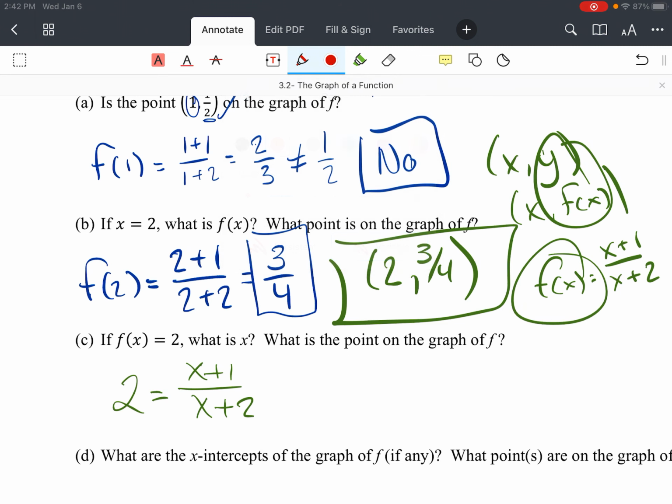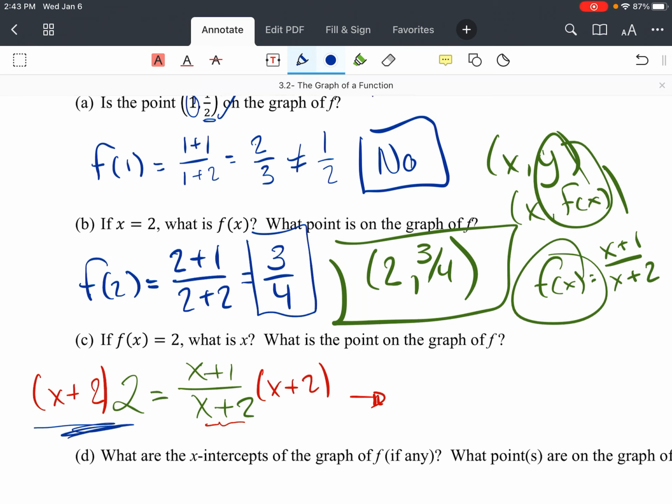So this is actually the hard part, solving for x. I want to get rid of this denominator, and I'm going to do that by multiplying both the right and left side by whatever that denominator is. I'm going to say x plus 2 times x plus 2.